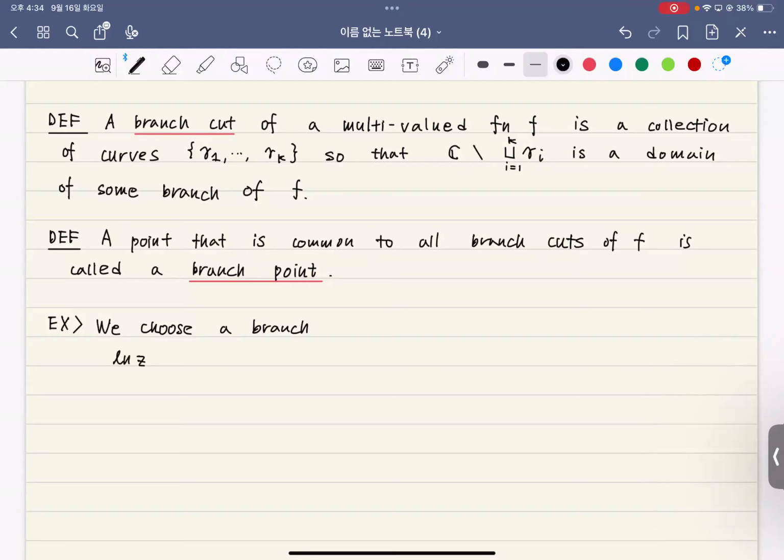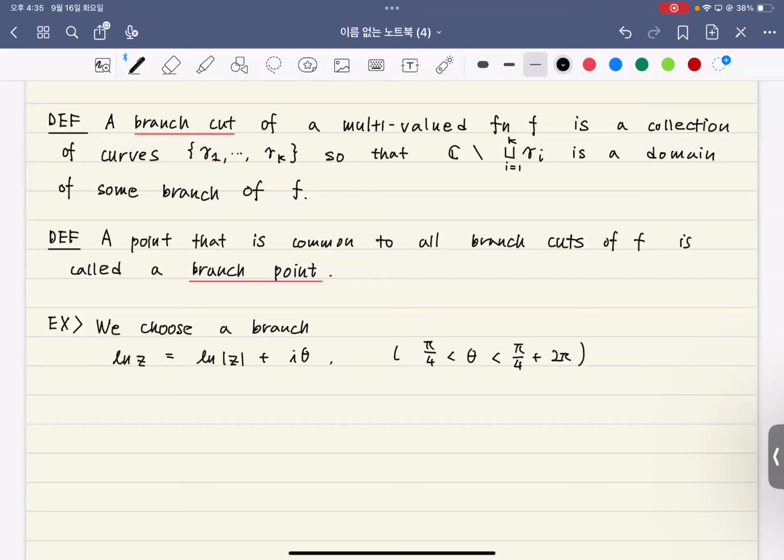Suppose that we have chosen a branch, ln z = ln|z| + i times theta, but this time around, say that my theta is between pi over 4 and pi over 4 plus 2 pi.